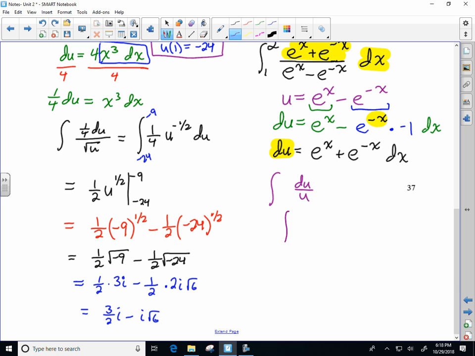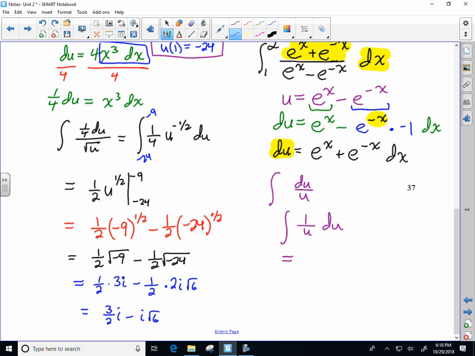I'm going to write it as basically an indefinite integral, because it would not be appropriate to write the bounds of 1 to alpha, because those are not related to u. So I'm going to leave it as is in this form and take the antiderivative, reverse substitute, and then I'll throw the original bounds in.